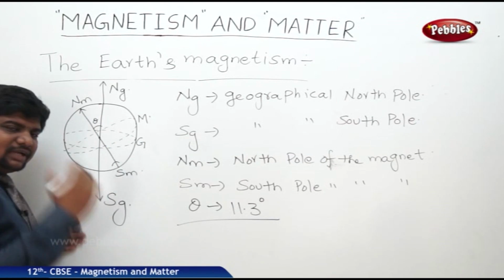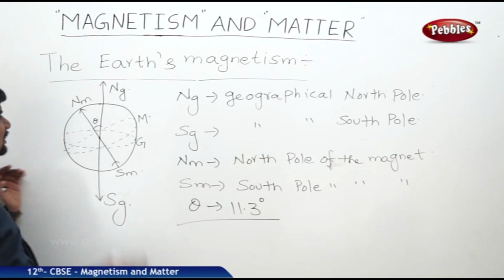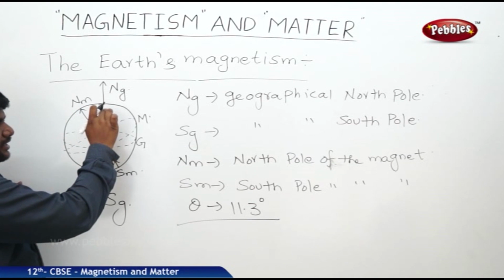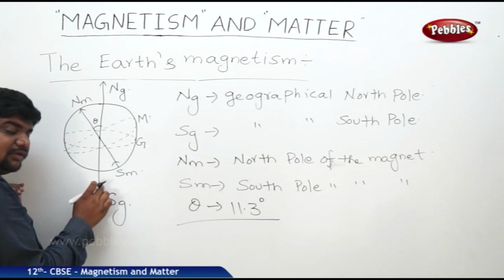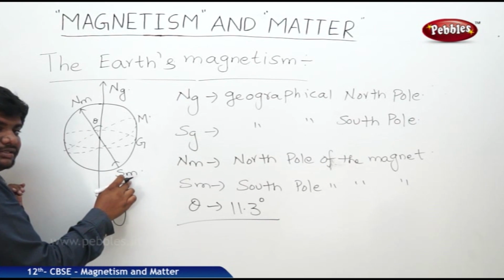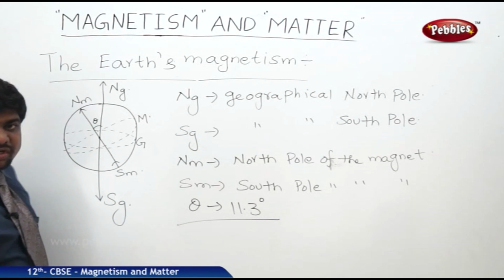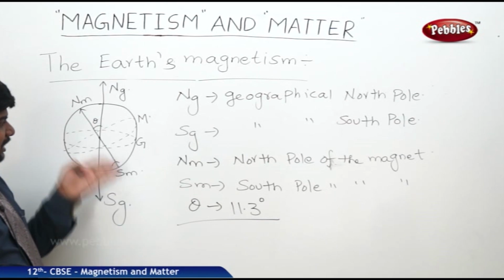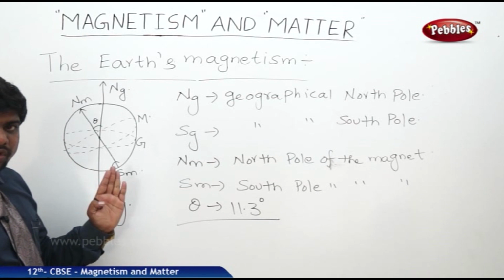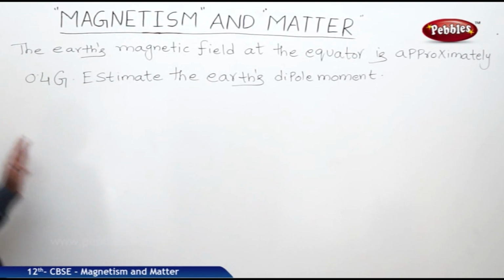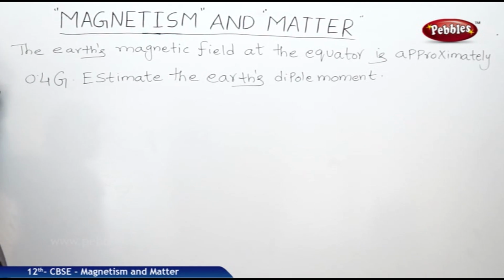So what is the exact location of the north pole or south pole of the magnet? North pole of the magnet is near to the geographical north pole of the earth. South pole of the magnet is near to the geographical south pole of the earth. These other names are called north seeking pole and south seeking pole.